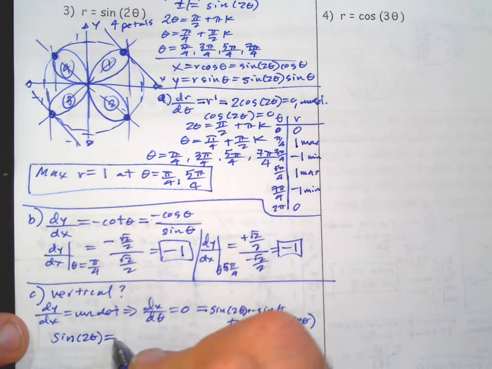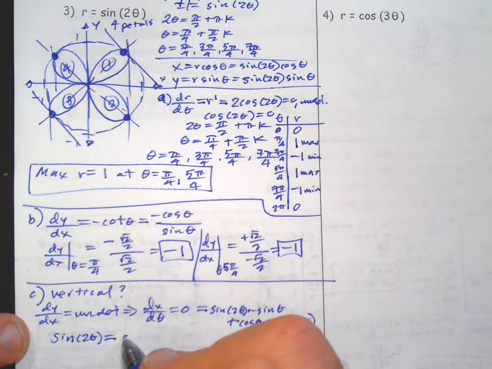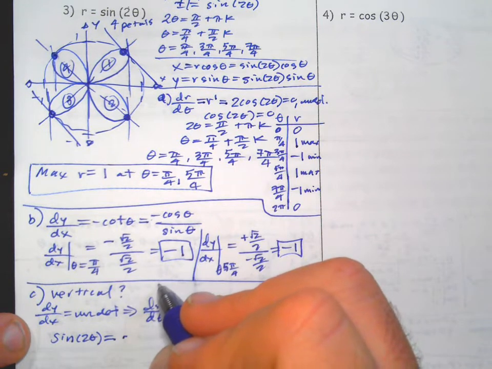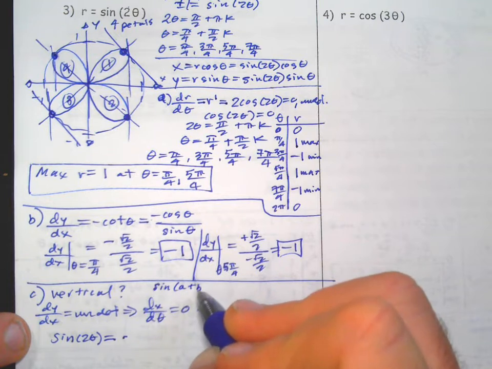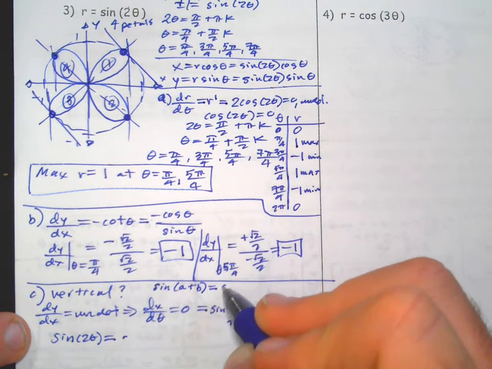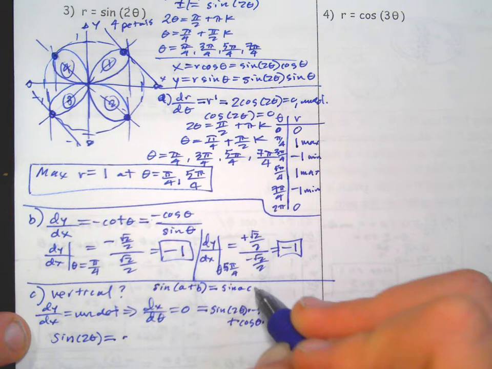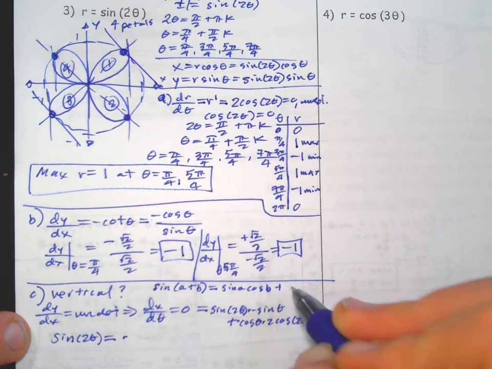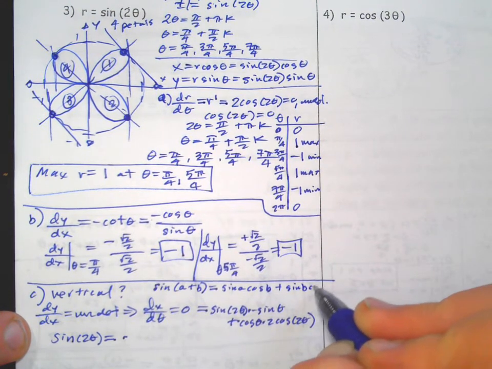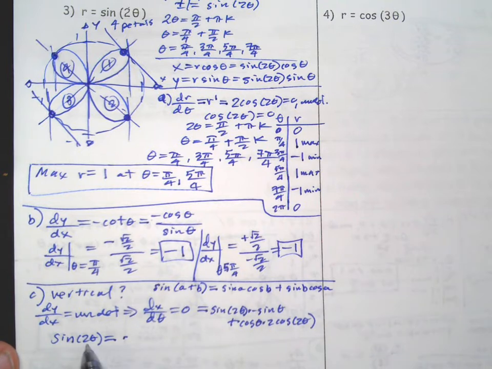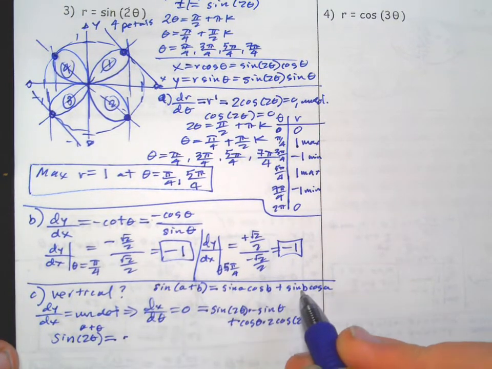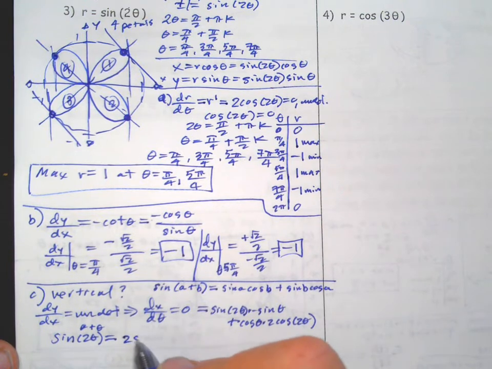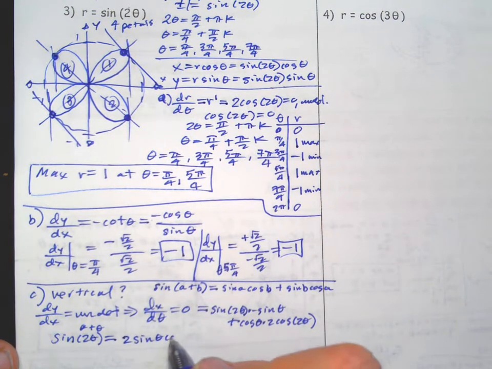It's been a little while. It's based off of the angle addition identity. So sine of A plus B equals sine A cosine B plus sine B cosine A. So if they're the same angle, theta plus theta, you get sine theta cosine theta plus sine theta cosine theta, which is 2 sine theta cosine theta.